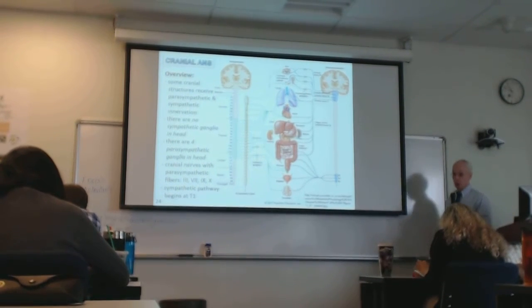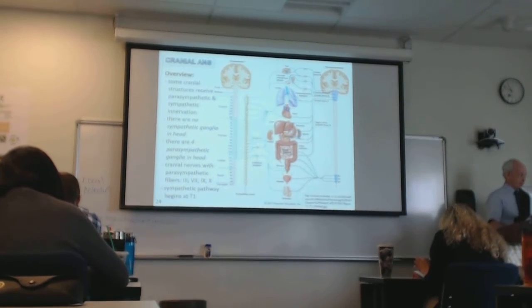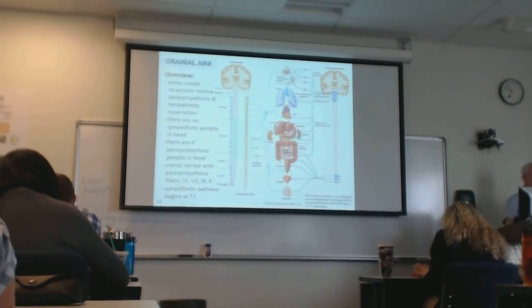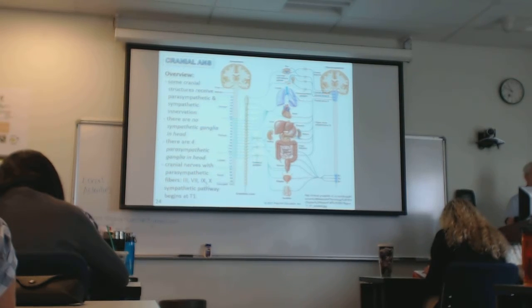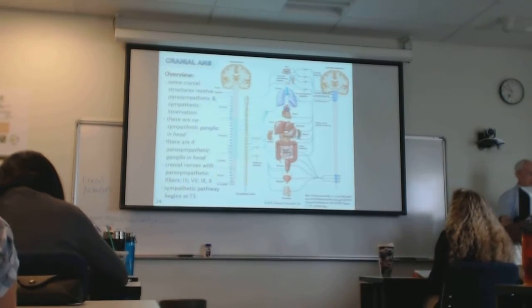However, there are sympathetic pathways in the head. Remember the cranial nerves that carry the parasympathetic fibers, and I don't even know that I agree with this entirely: 3, 7, 9, and 10. I could probably add another one in there. Let's not complicate things.